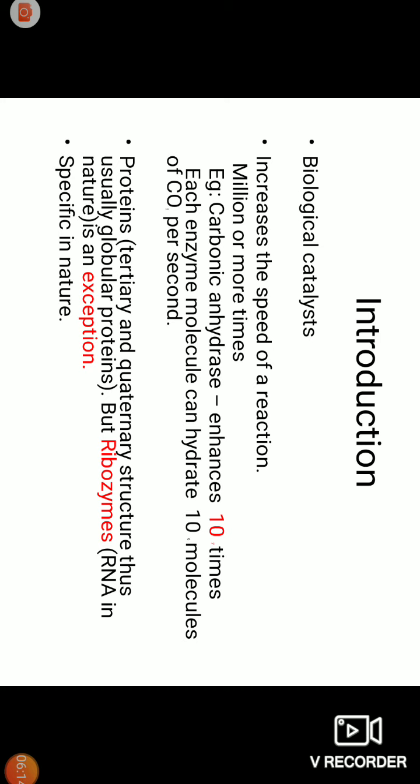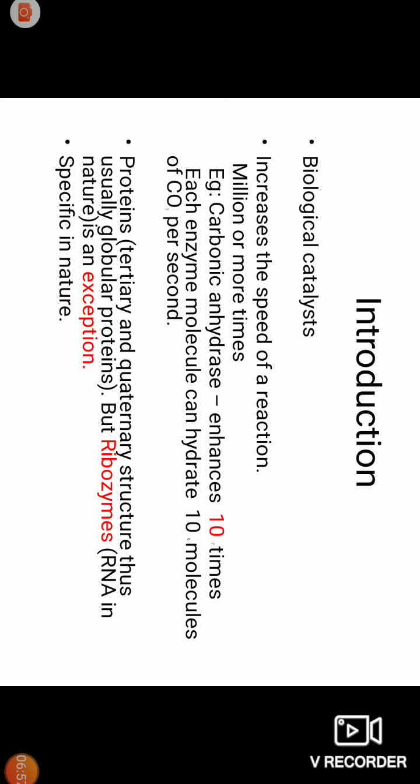It enhances the reaction at a very fast rate: each molecule of carbonic anhydrase can hydrate 10 raised to 6 molecules of carbon dioxide per second. That is, each molecule will convert 10 raised to 6 molecules of carbon dioxide and water to bicarbonate ion. So that is their potential.